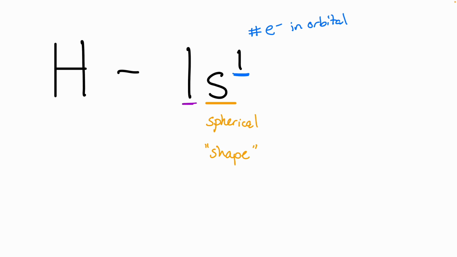And then this number out front here is what's called the principal quantum number. I'm going to gloss over this one for right now, and we'll come back to our principal quantum number.